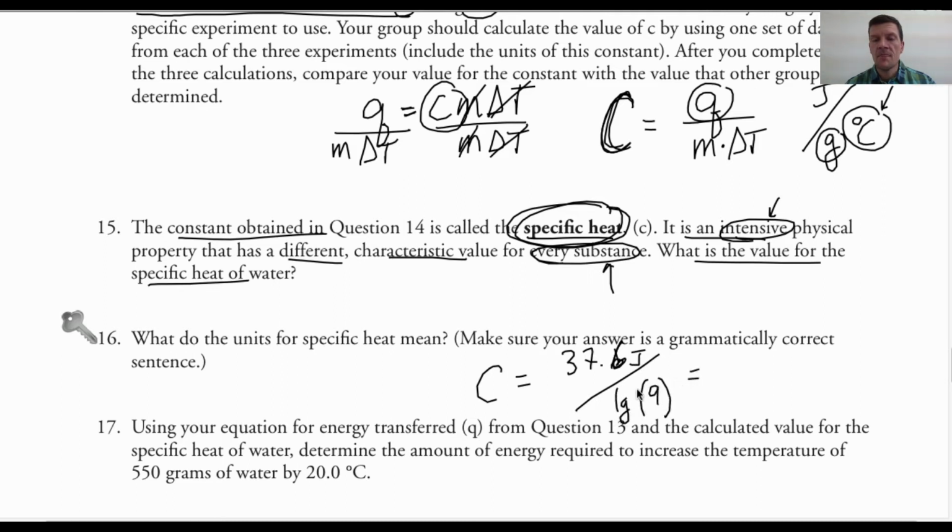If you take 37.6 and divide by 9, you're going to get the specific heat of water, because the substance we're using in all of the experiments was water. So 37.6 divided by 1 divided by 9 gives the specific heat of water in joules per gram per degree Celsius.